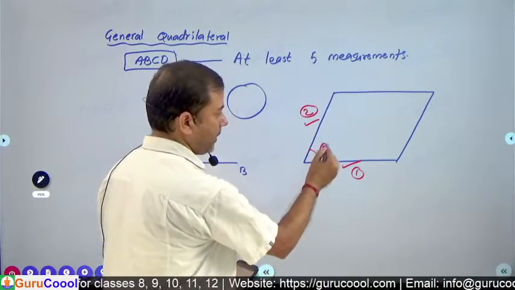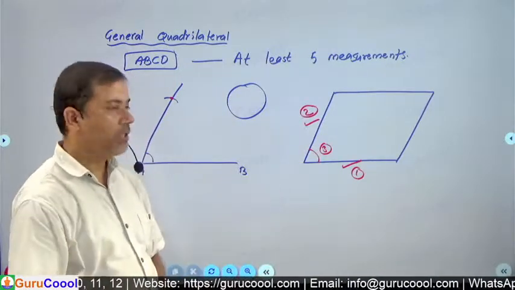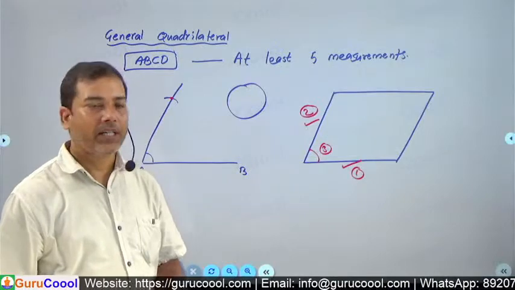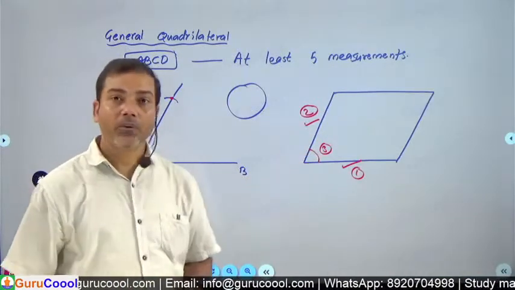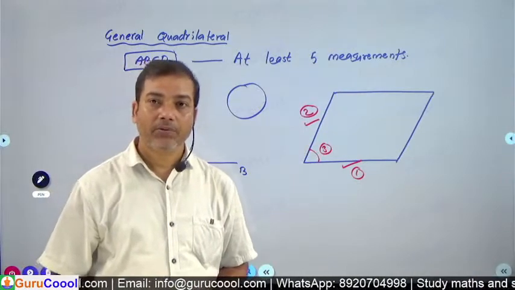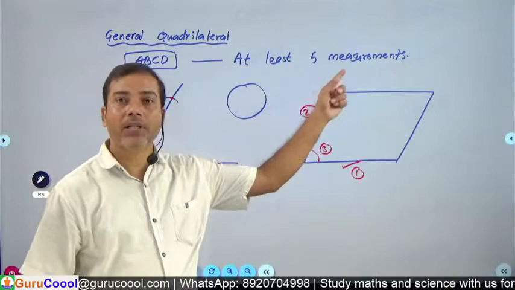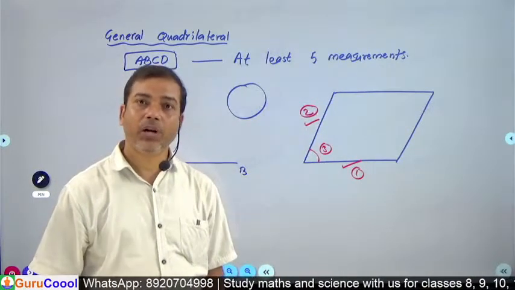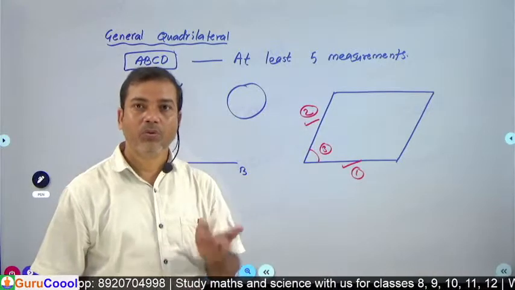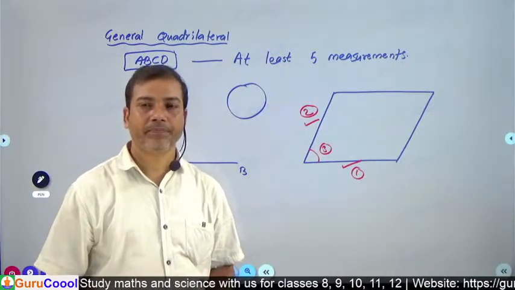Third information. If these three pieces of information are known to us, we can draw a parallelogram. Two sides, one angle. But notice, sir, earlier you told us at least 5 measurements are required, but here you are saying only 3 will be okay. Why, sir? We should know the reason, right?